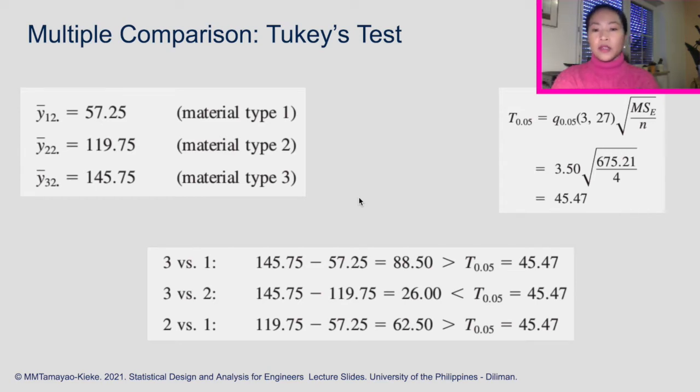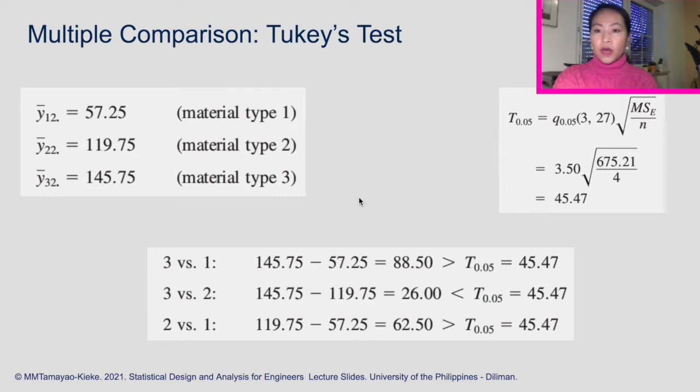Okay, and as you can see here, before we go to that discussion, I remember that we had to take into consideration the fact that there is interaction between material type and temperature. Therefore, to go around this, we had to set temperature at a certain level. In our case, we set it at 70 degrees Fahrenheit, and then we compare the material types using that level.